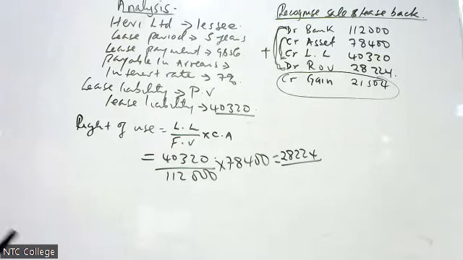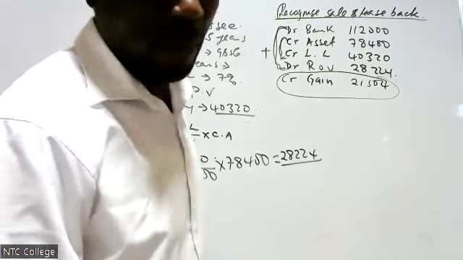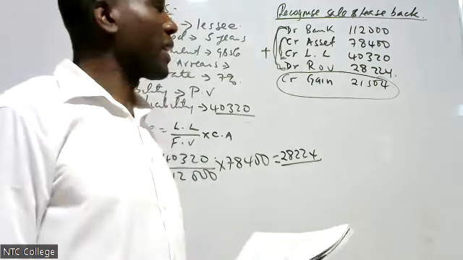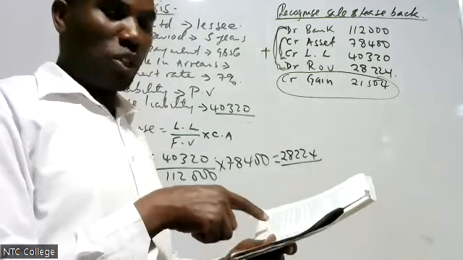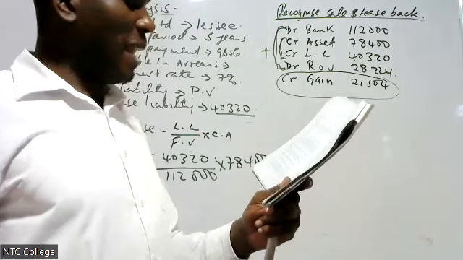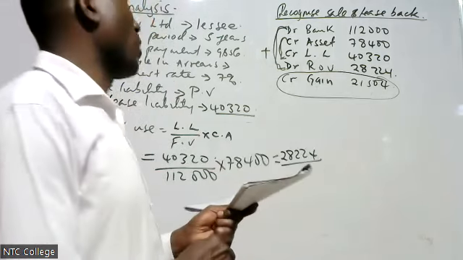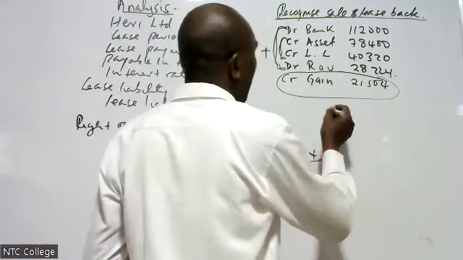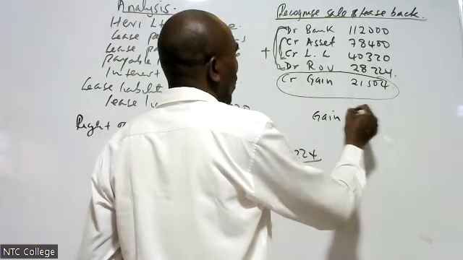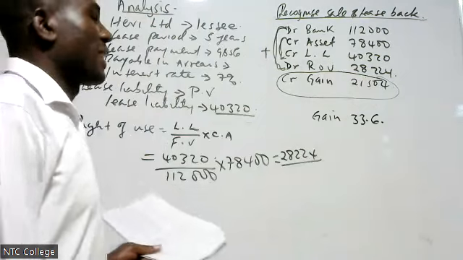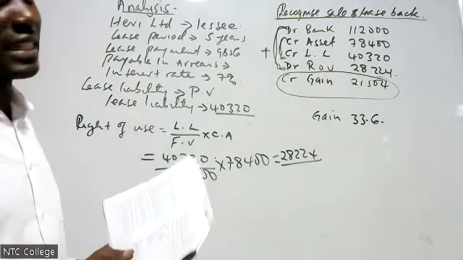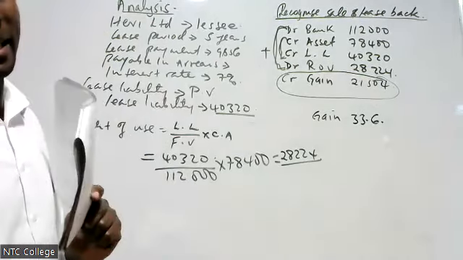Therefore, here we have the gain of 21,504. Now, let's go back to our question. I believe you are following the instructions so that we understand. The examiner gave us that the company recognized the gain on sale of 3,600.